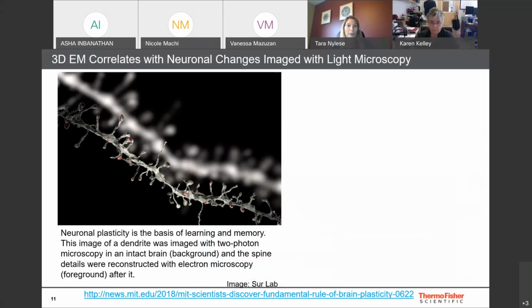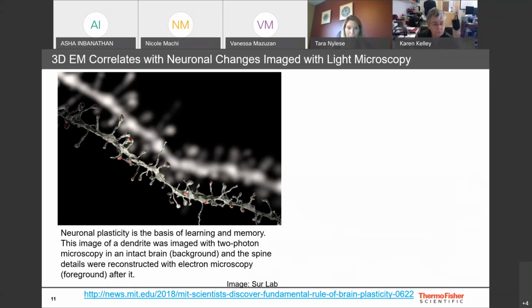Another reason why we want to use 3D EM is because the electron microscopy aspect of it correlates with light microscopy. And in this really cool example done over at MIT that's accessed by the link there, you could see they were using two-photon microscopy to trigger and register where the receptors were being fired within the dendrites itself.